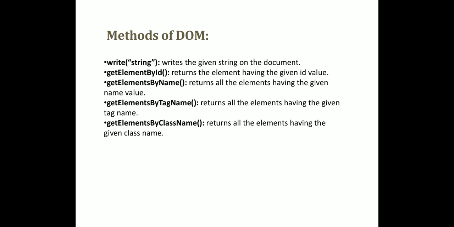All these methods give us access to particular content from the web page or from our code block. getElementById will return the element having the given ID value, and getElementsByName returns all the elements having the given name value. getElementsByTagName will return all the elements having the given tag name, and getElementsByClassName returns all the elements having the given class name.